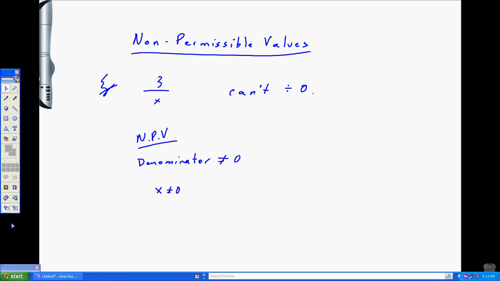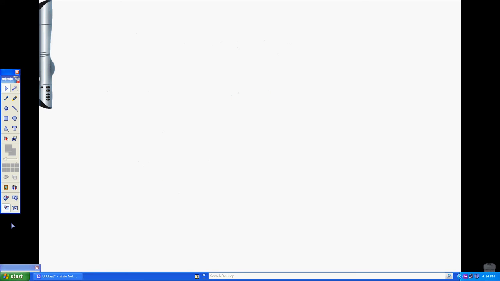So let's get a little bit nicer one going on here. Something that we actually have to think about. Let's do this one for a non-permissible value. And I'm just expecting you to do non-permissible values first, and then we'll simplify.